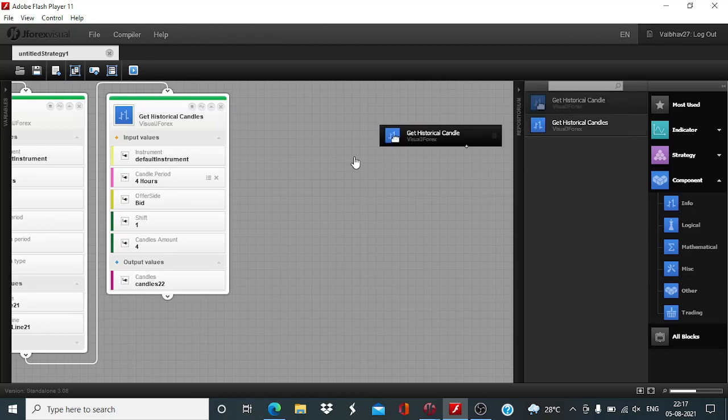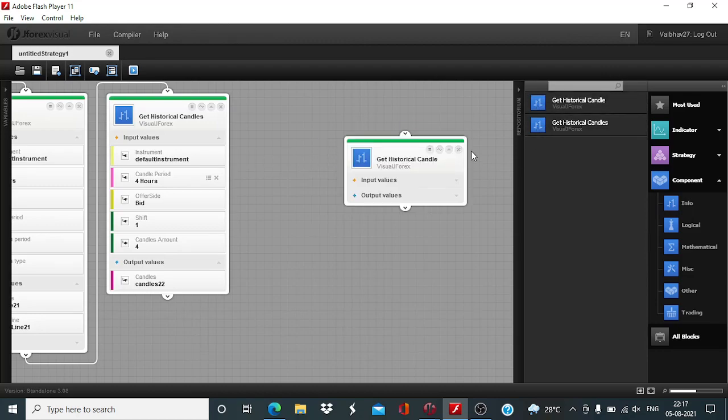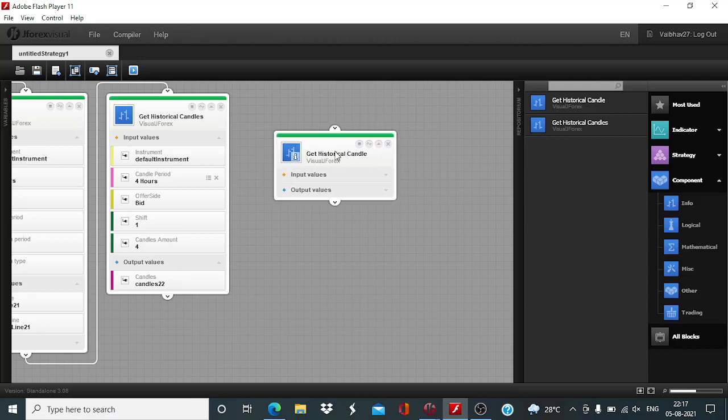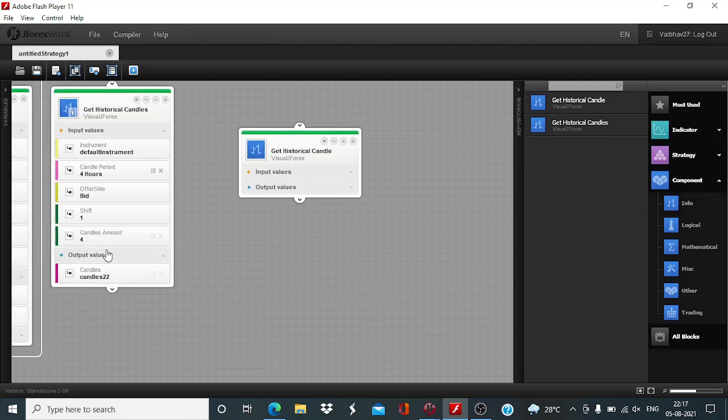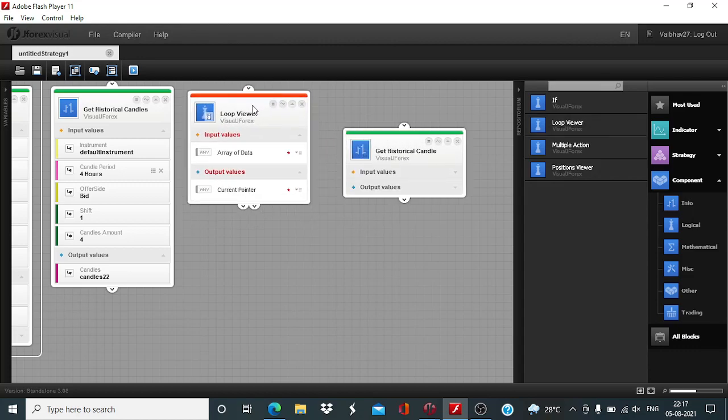Okay, and individual single historical block will also be needed, but to retrieve the individual variable from this array of data, we are also going to need the loop viewer. So this is required.